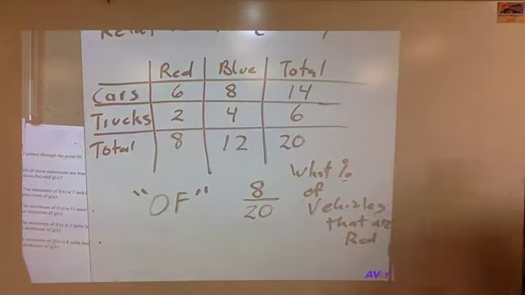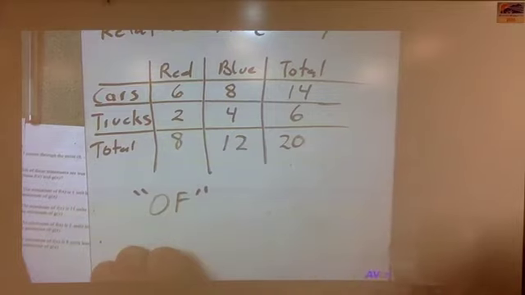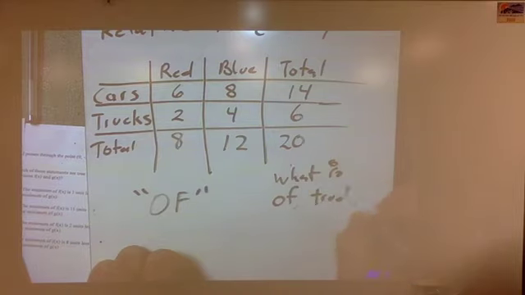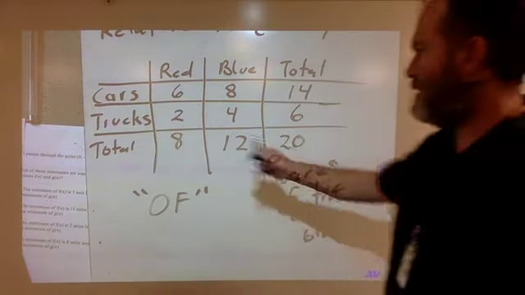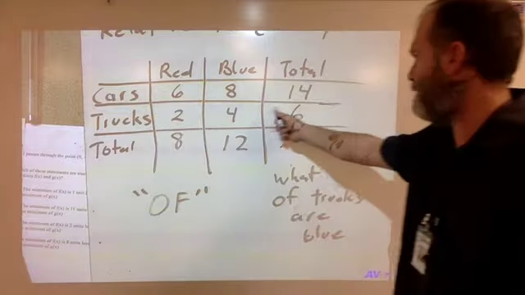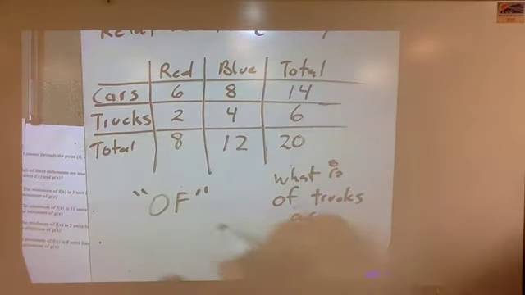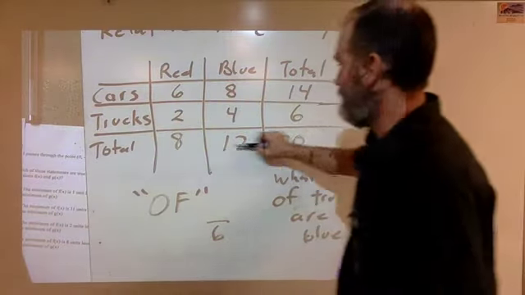All right, let me give you another example. What percentage of trucks are blue? So trucks, you look for 6. There's 6 trucks, so that's going to go in the bottom. In all these problems, one of these totals is going to be your denominator.